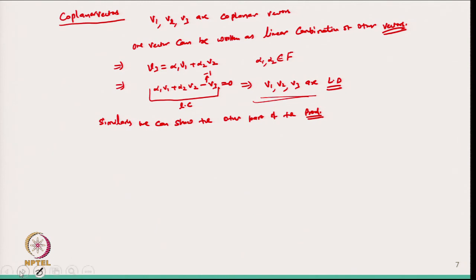Now, after discussing these things, I can also discuss in some other vector spaces how we can check the linear dependence or independence of the vectors. So, let us take another example.